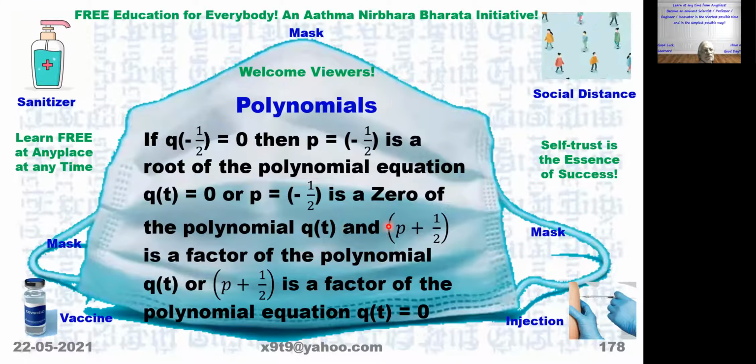And taking this minus half to the left side, it will become t plus half. So t plus half is a factor of the polynomial q(t).